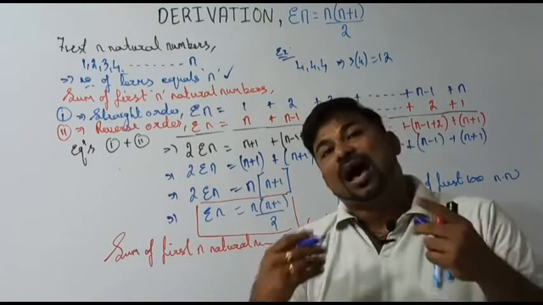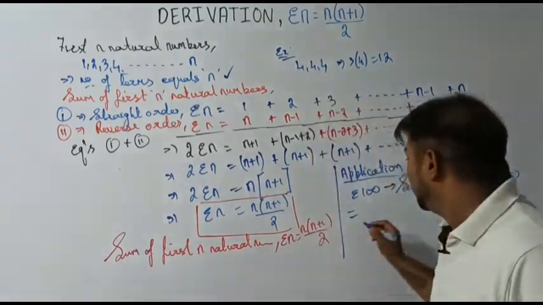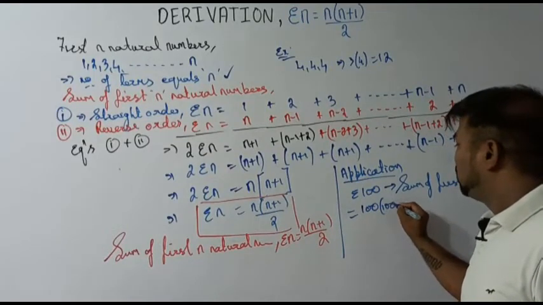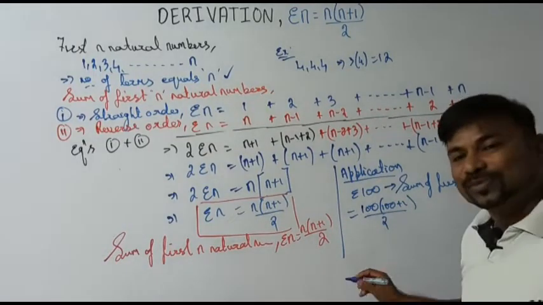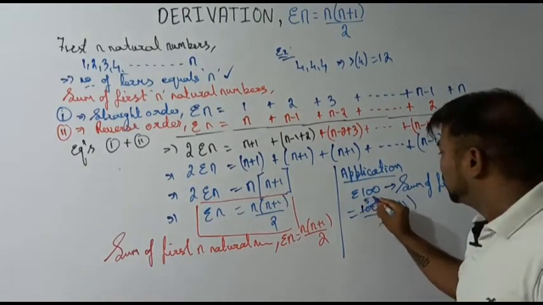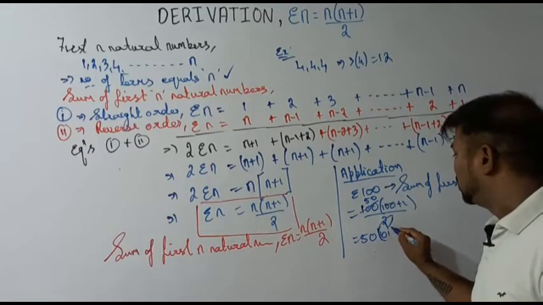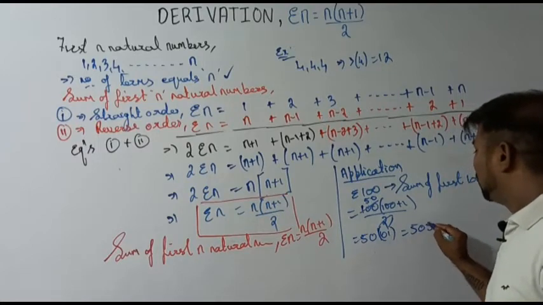Simply, we plug in 100 in the place of n. That is, sigma 100 equals 100 into 100 plus 1 by 2. If you simplify, it's nothing but 50 into 101, which equals 5050.